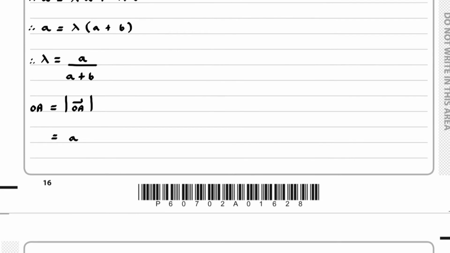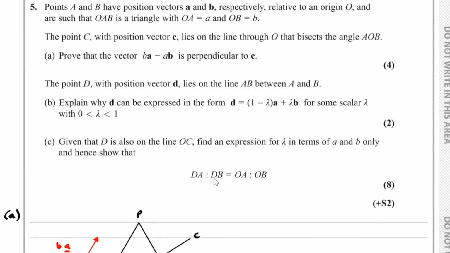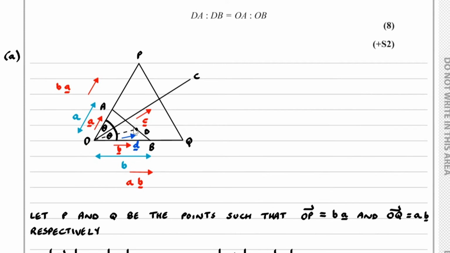Now, going back to the question, I need to find out what dA is, starting at D, finishing at A. Well, dA will equal dO plus OA.